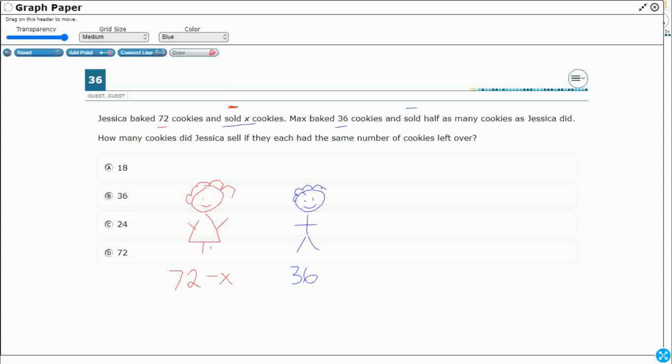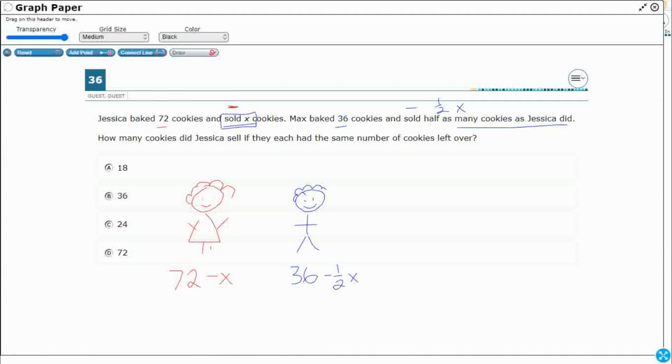Jessica sold X. So if Jessica sold X, then half as many as X would be half X. All right, so that's what it's looking like. Jessica had 72 minus X. Max had 36 minus 1/2 X.